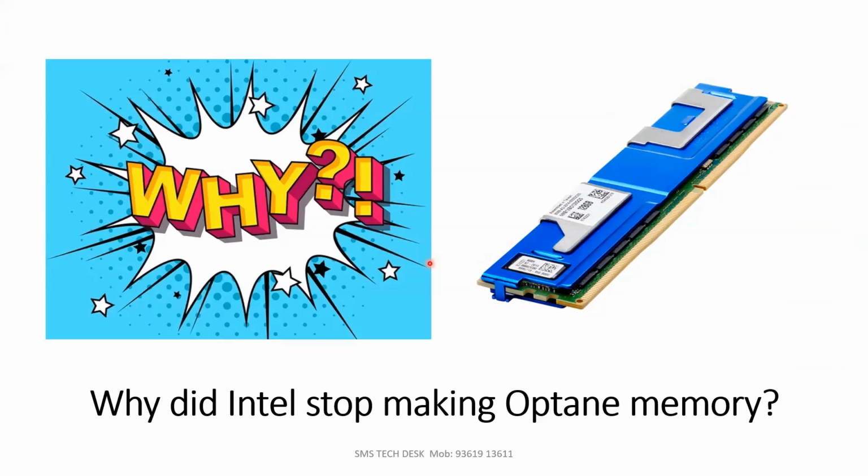The only reason that came up on forums and community portals is that Intel is the only manufacturer of this Optane memory, and due to high demand, they were not able to meet the demand in the market, so they stopped making it. That's the information I got. But officially, Intel didn't mention anything about this; it's just mentioned in the forums, and based on that, I'm saying.